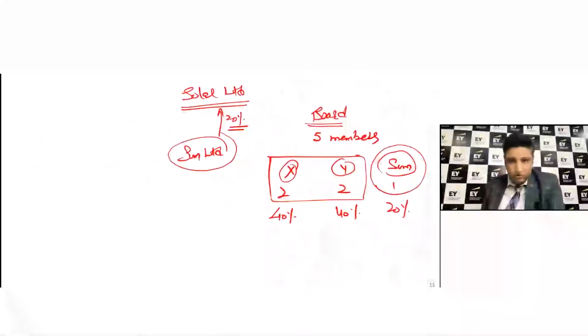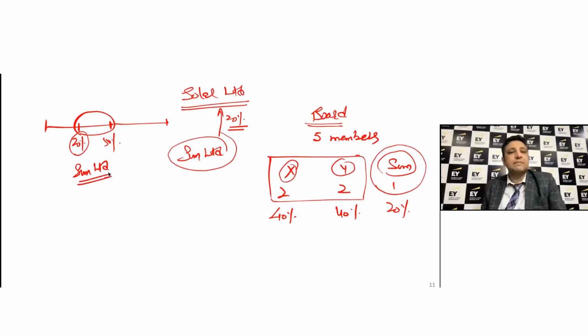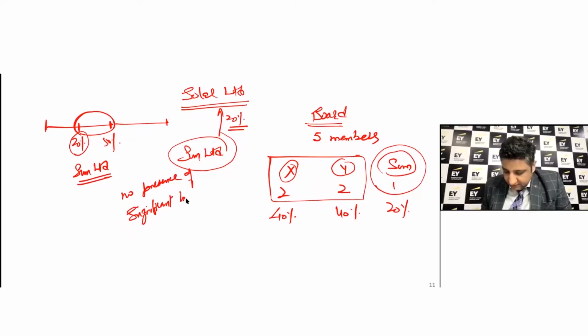So even though in this scenario we talked about 20% to 50%, that's our relevant area, even though Sun Limited has 20% of voting power in Solar Limited, the scenario suggests that there is no presence of significant influence.